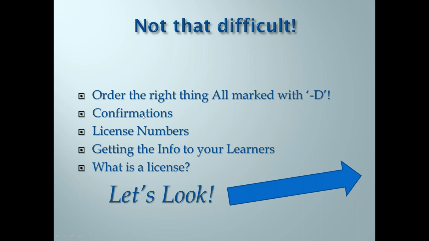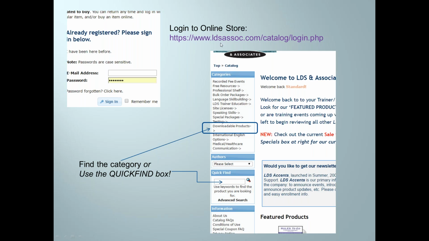We'll talk about confirmations of that, the license numbers, and how you get the information to your learners, and talk about what a license is anyway. So you go into the store, and where do you find it? Under downloadable products, or just literally put it here in the quick find box.